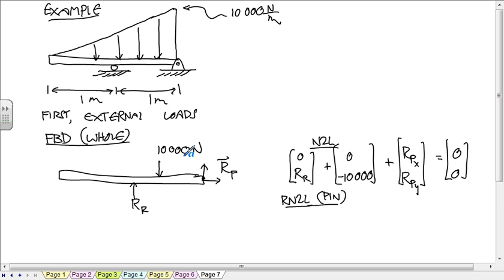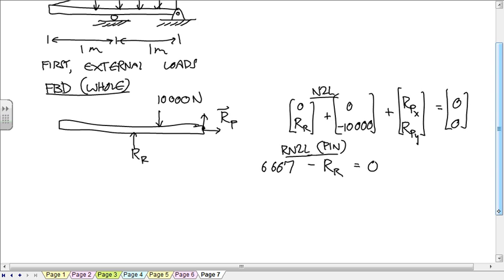And so that is positive 6,667 Newton meters. Then what's the moment produced by RR? 1 meter times RR, that's a clockwise moment, so minus RR is equal to 0.